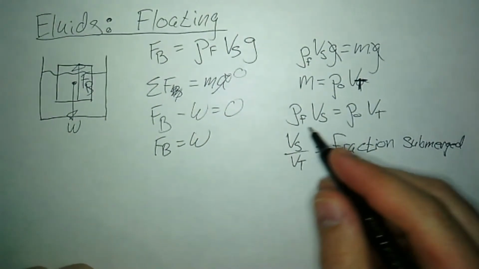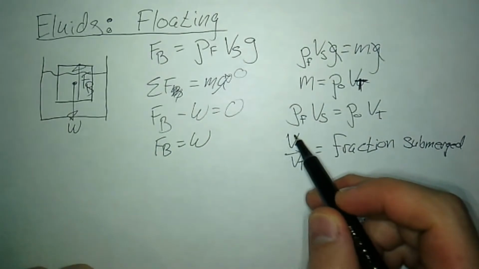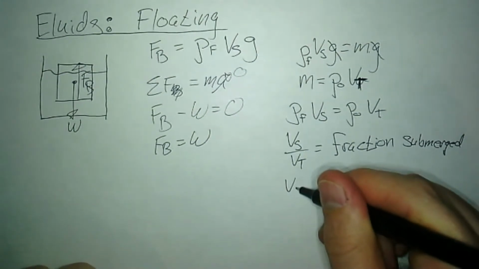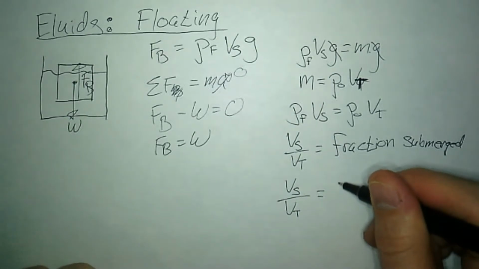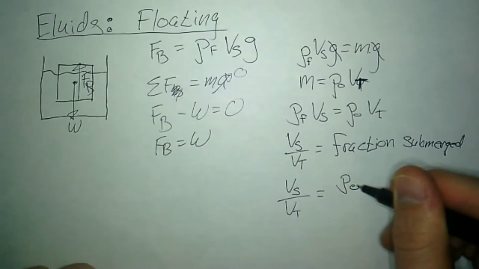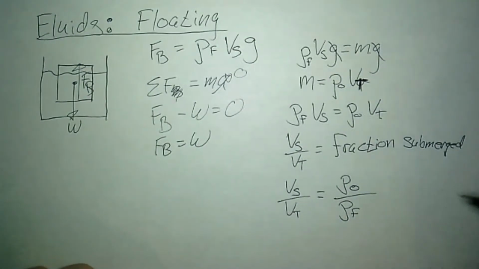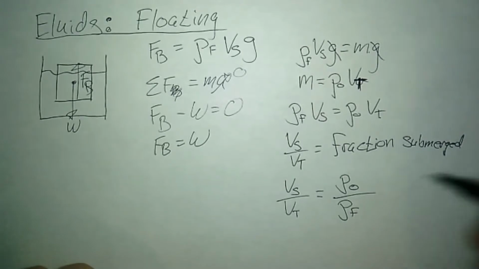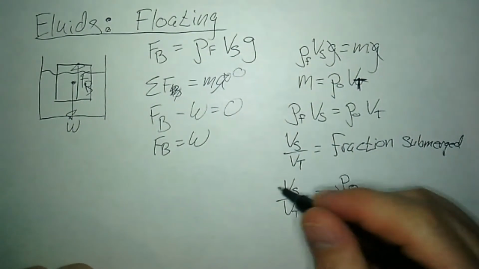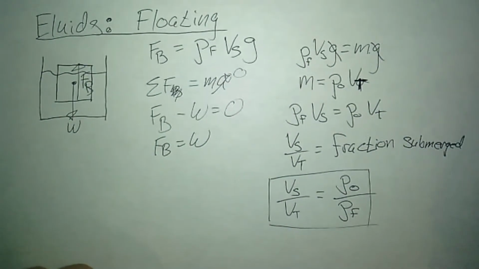So what that then is, I just divide both sides by Vt and then by rho f. So Vs over Vt is equal to density of my object over density of my fluid. And that's the fraction. Well, then if I want percent, I would say multiply by 100, right? So that will tell me what fraction of my object is underwater.